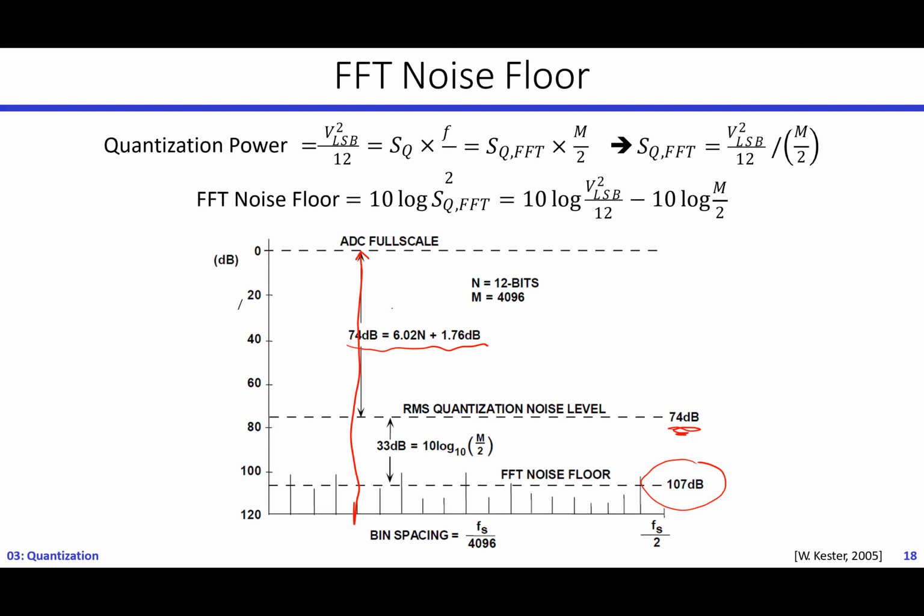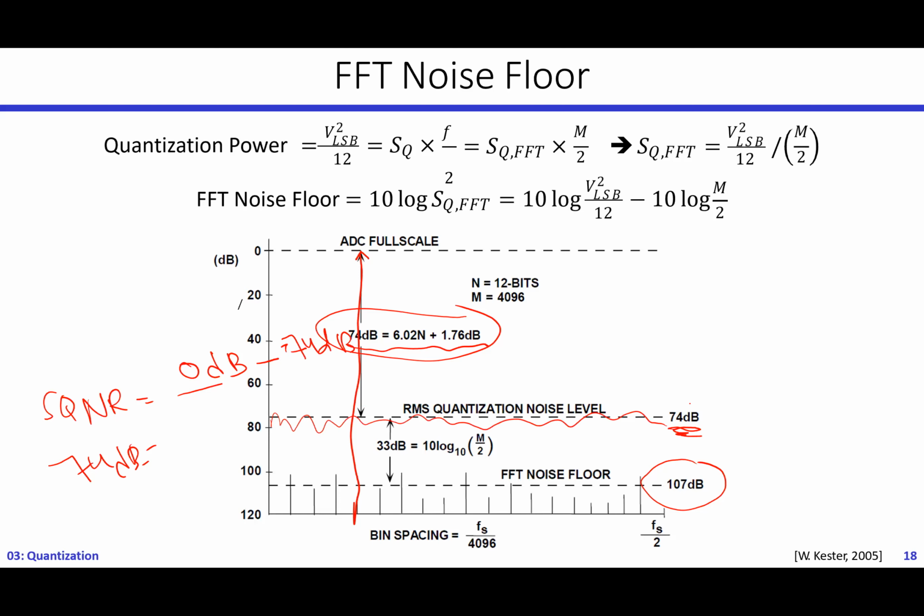Based on this relation, the SQNR is the signal power over the noise power. So here it is 0 dB minus 74 dB, and this is the 74 dB that we get by considering 12 bits. So if my signal level is at 0 dB, why is my noise floor not at minus 74 dB?